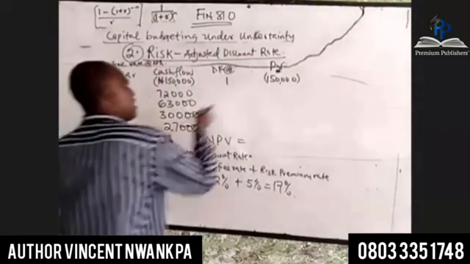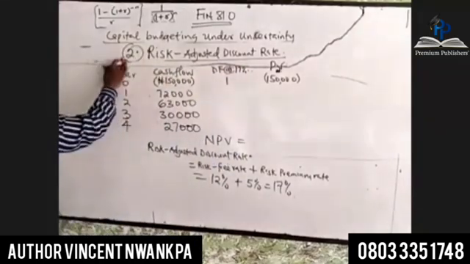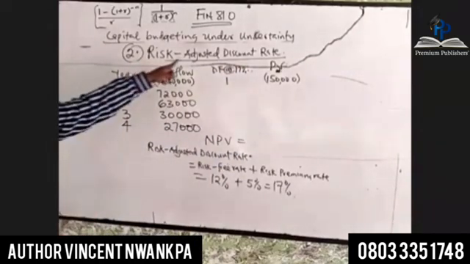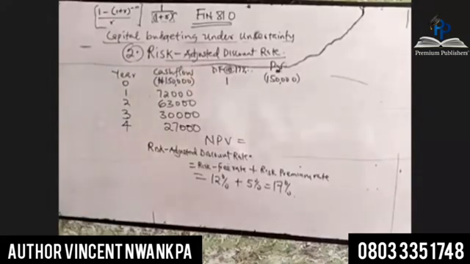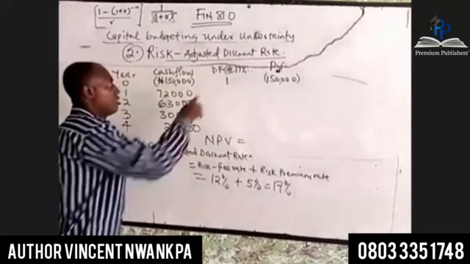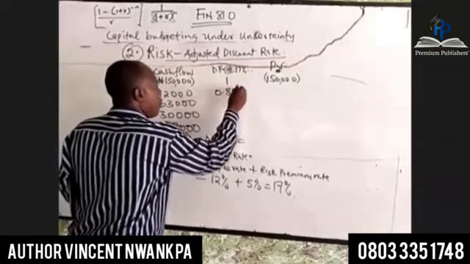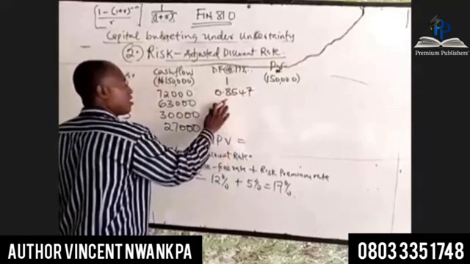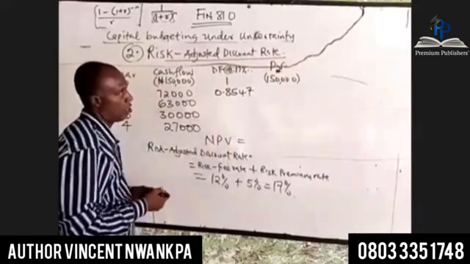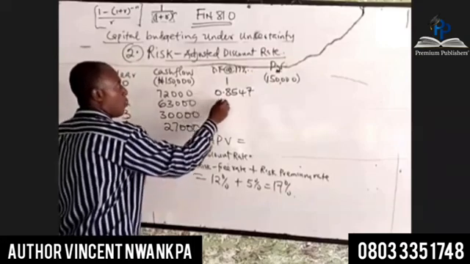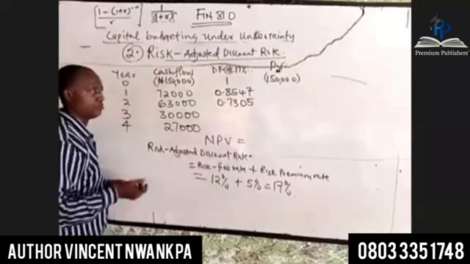So here it is now 17%. We're not talking about the risk adjusted discount rate now, we're talking about 17%. The first discount factor is 0.8547. The next, divide by 1.17, is 0.7305.